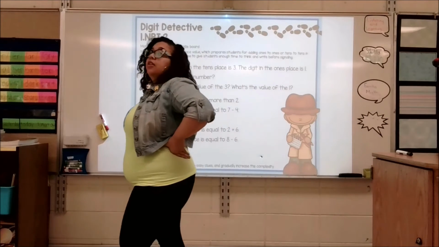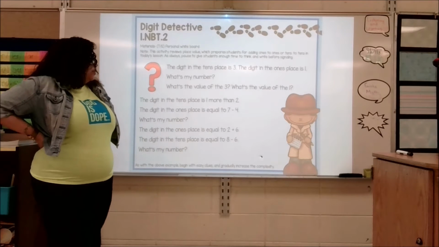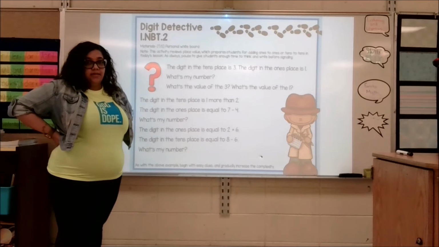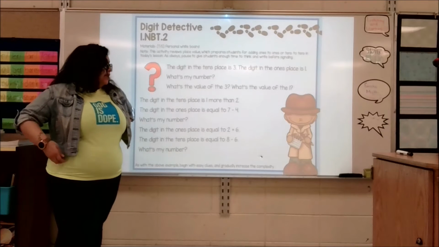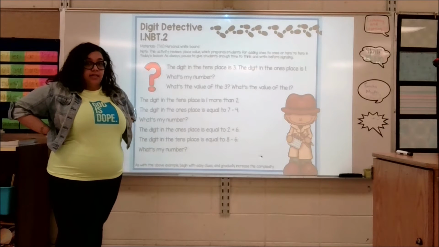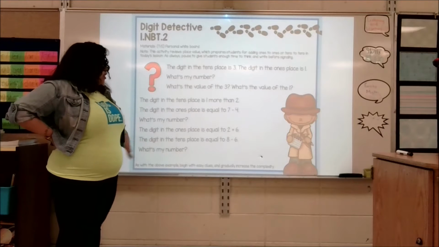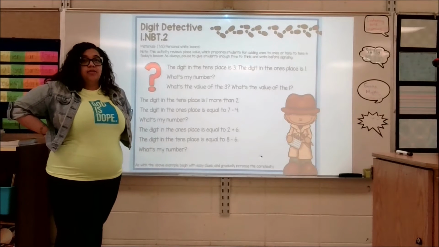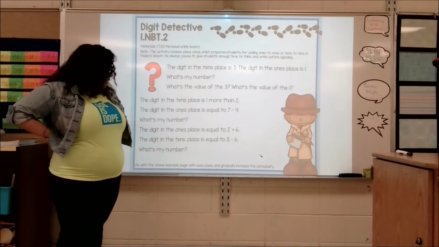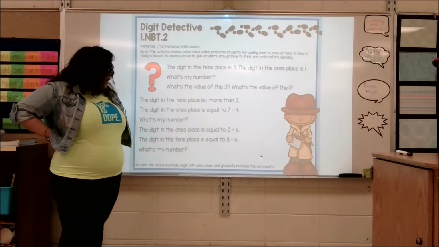All right, last one. The digit in the ones place is equal to 2 plus 6. Listen carefully. The digit in the ones place is equal to 2 plus 6. The digit in the tens place is equal to 8 minus 6. What's my number?